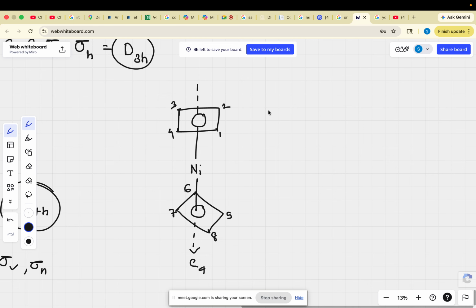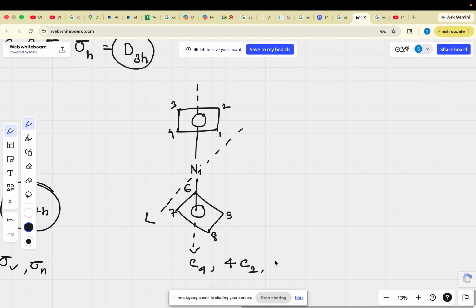Here a C2 axis is present. Now the question is how. You have to rotate around this C2 axis, which needs the help of a model, I believe. But you can think that you take one matchbox like this and below it keep another matchbox. If you rotate along the y-axis by 180 degrees, this ring will go like this and this ring will come to here. So you will have C2, and if you are able to find one C2, ultimately you will have 4 C2.